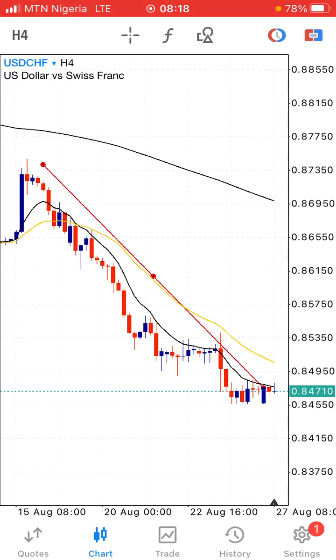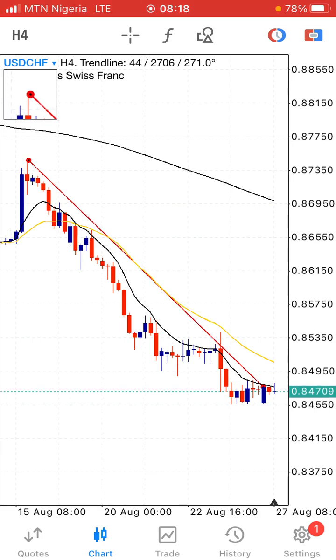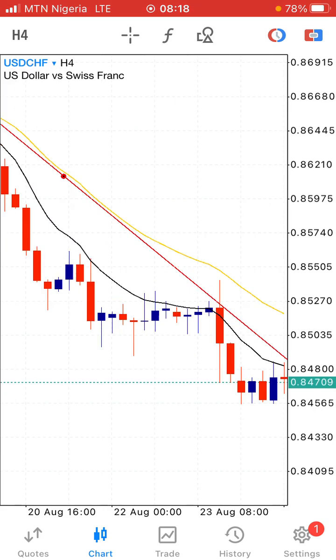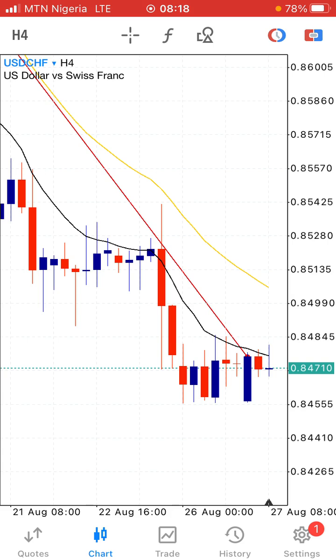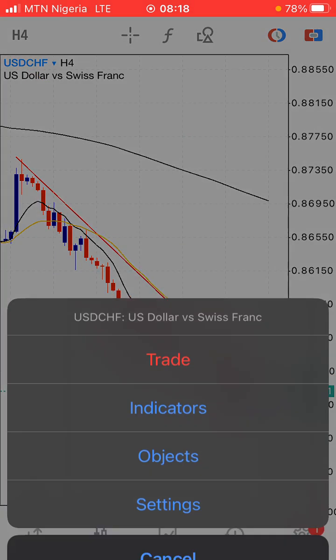Use your trend line break. It is one of the most effective tools. Let's say we'll pick this from there. So I'm coming.